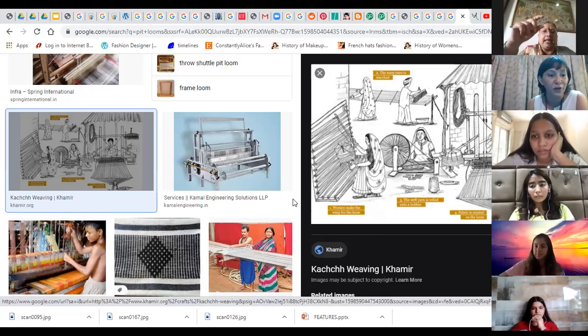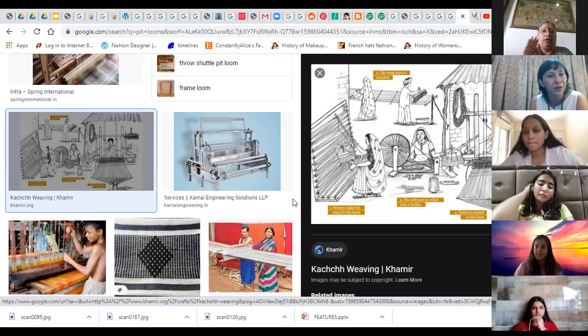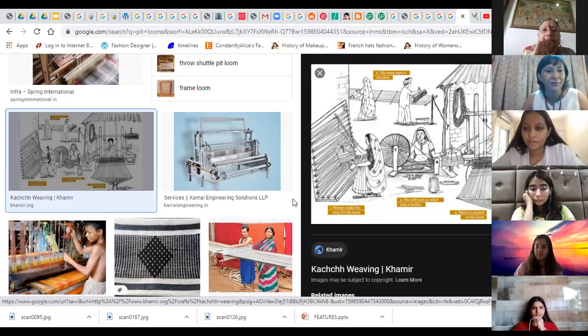She's creating phenomenal sections of warp. Every single thread is individually tied, the full length. It is so labor-intensive. This is not about tie and dye. It is tied to the beginning and the end. Every thread in a sari. Oh my god, that's so labor intensive.